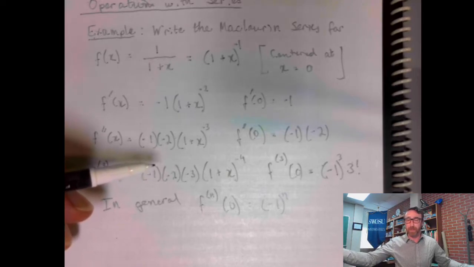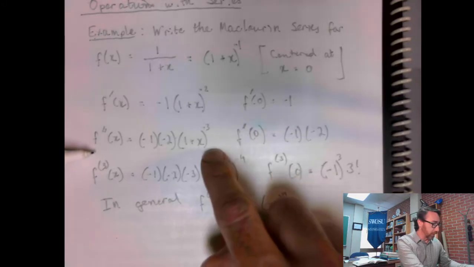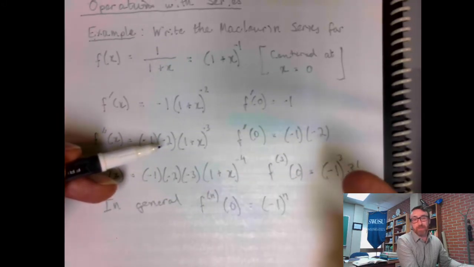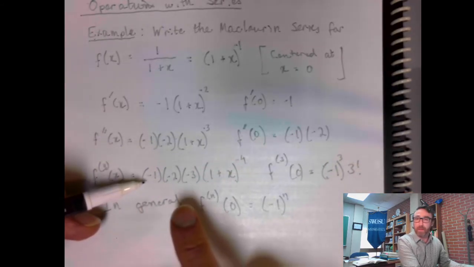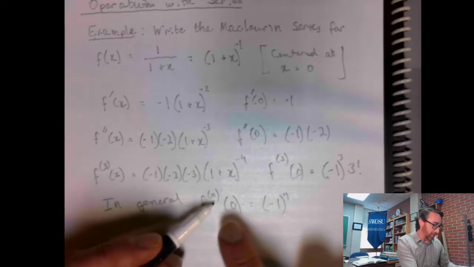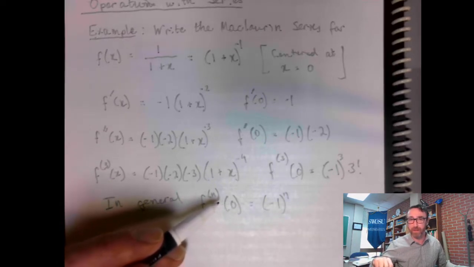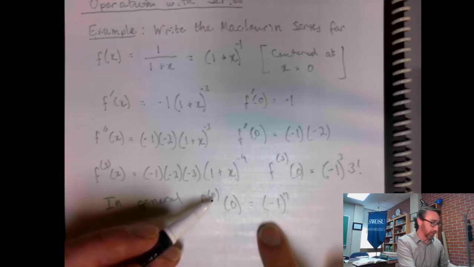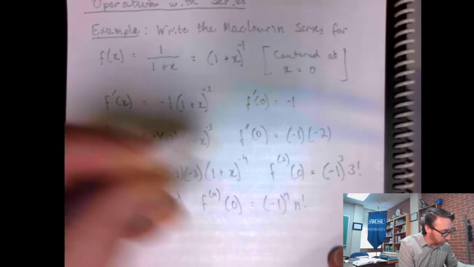So you're going to have a bunch of minus signs. Sometimes they'll all cancel out, like when we did the second derivative, negative 1 times negative 2, that's actually positive 2. But down here, you get 1 left over. So the parity, in other words, the evenness or oddness of n, will determine whether this is positive or negative. So this is negative 1 to the n, and then you'd have an n factorial.